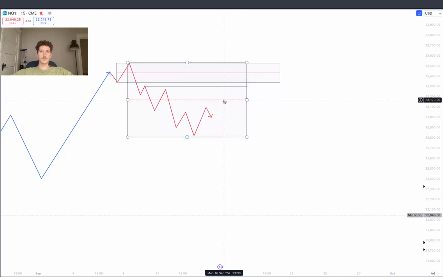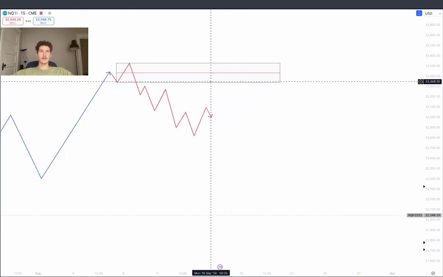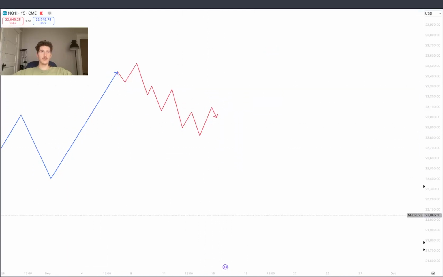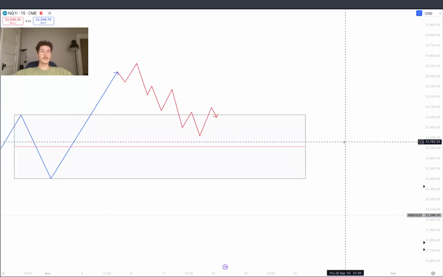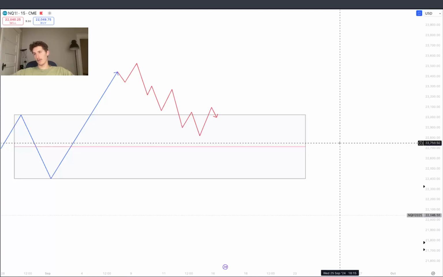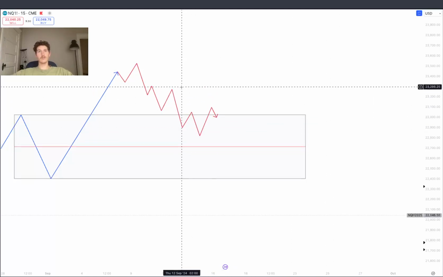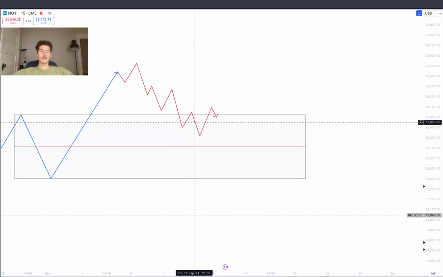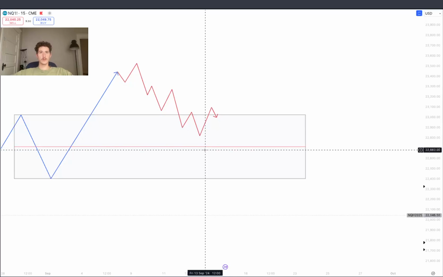So that's perspective. Does it have to be the 50% of the zone? No. Does it have to be in the zone? No. I have noticed that if you do come into the zone and then you get a flip up prior to going to the 50%, it's lower probability from a mechanical standpoint.